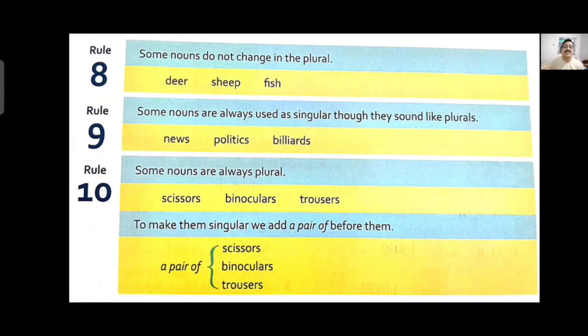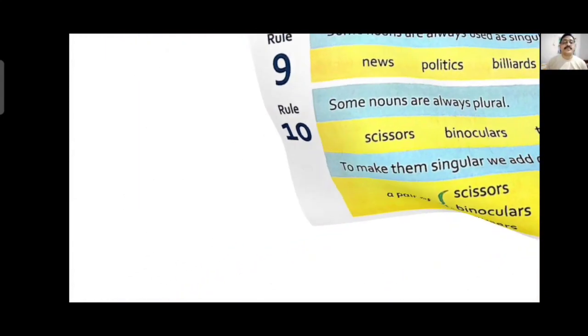If you want to show the plural form of scissors, then just write like this: a pair of scissors. Trousers also, a pair of trousers. Binoculars also, a pair of binoculars. Here no es or s is added.